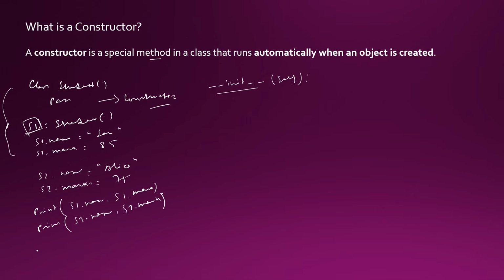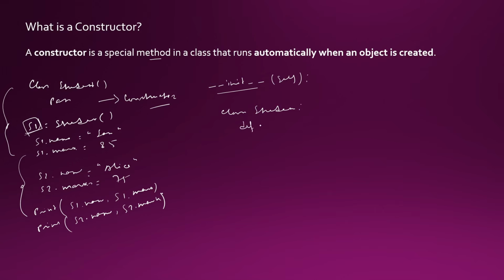Now imagine, if I want to create multiple students like this, it is very hectic work. To resolve this, we have to use our constructor. So what can we do? We can write class Student, and now define our constructor, and a constructor is a method.